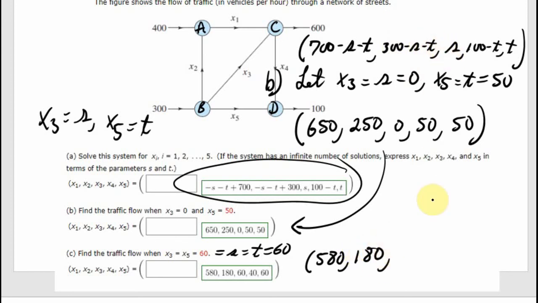And then s is 60. 100 minus 60 is 40. And then s equal to t, and they're all equal to 60. So that's all they're saying there, right? Okay, good. One more problem.